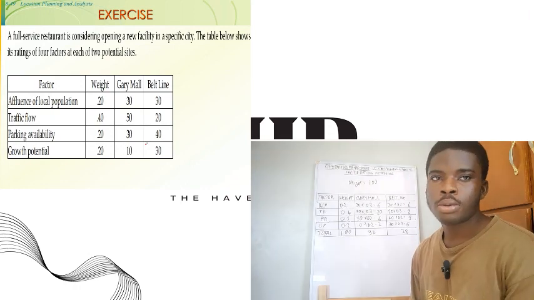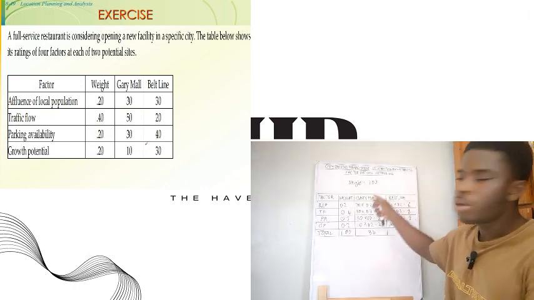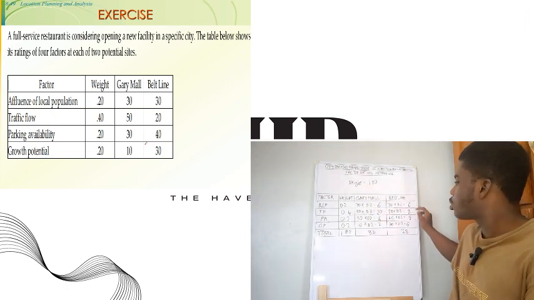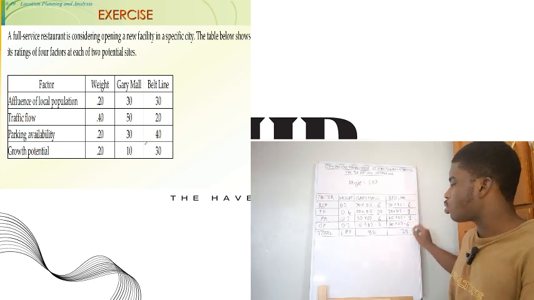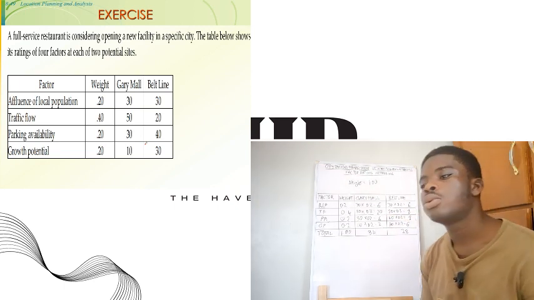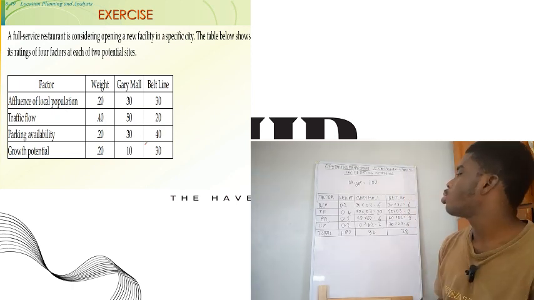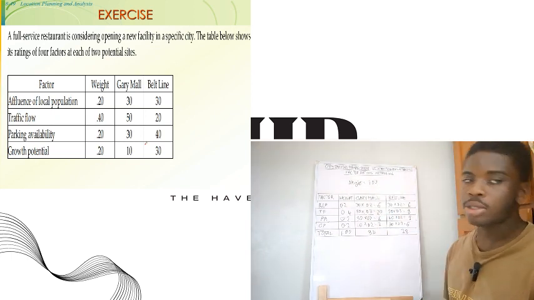Right, welcome back. When you do your calculation, these are the figures that you'll be getting. Add all of this, get a total. Add all of this, get a total. So you can just say that the full service restaurant should go with Gary Mall as their best location.